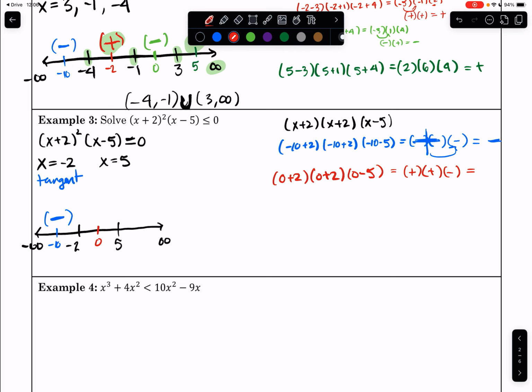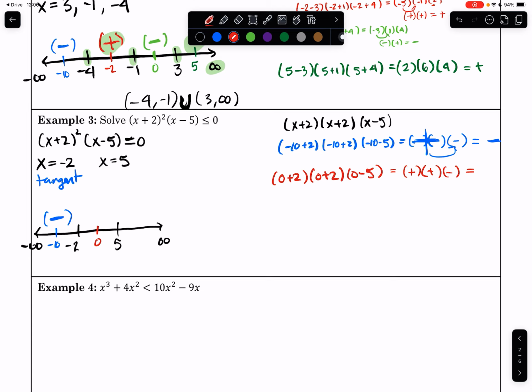Well, right here again, obviously 2 positives is a positive, and a positive times that positive answer times this negative number is going to result in a negative value. Again, knowing what the actual number is isn't that important. But because it's negative, that means that this right here is also going to be negative, less than 0.